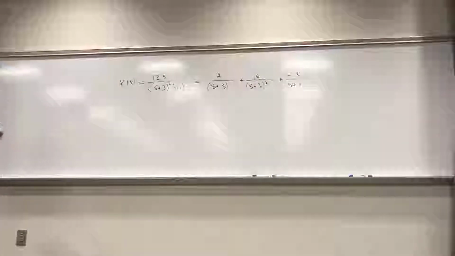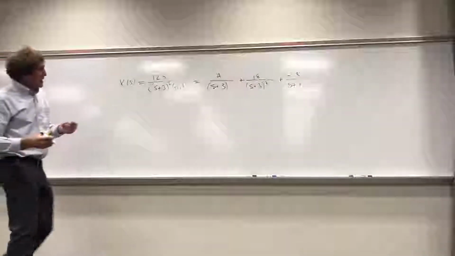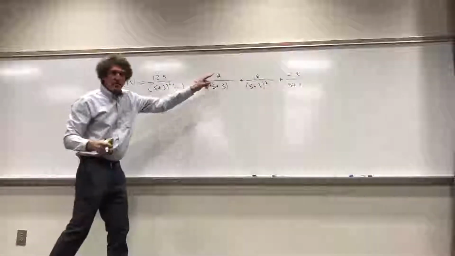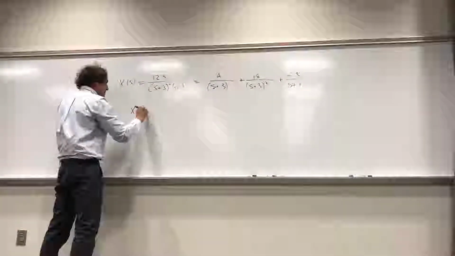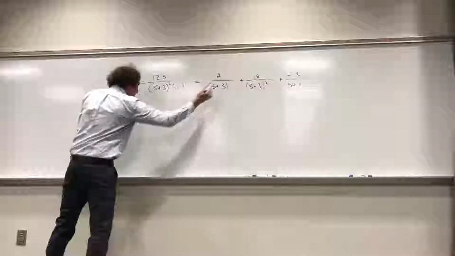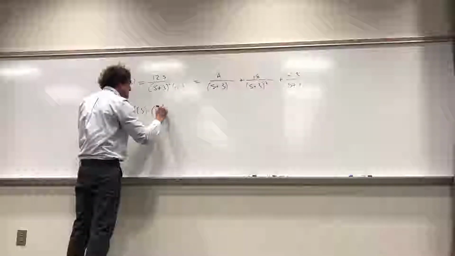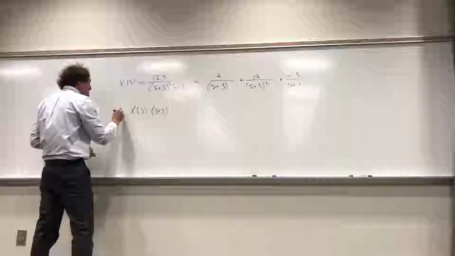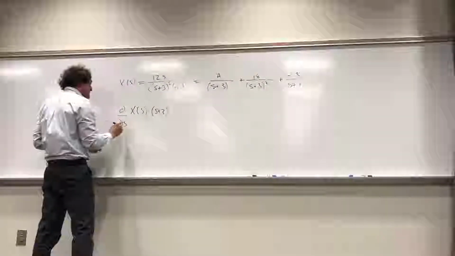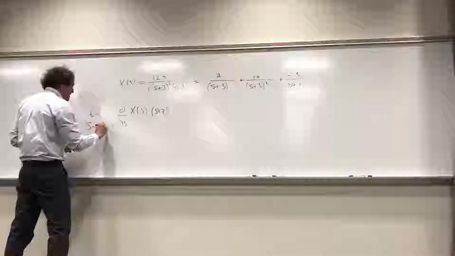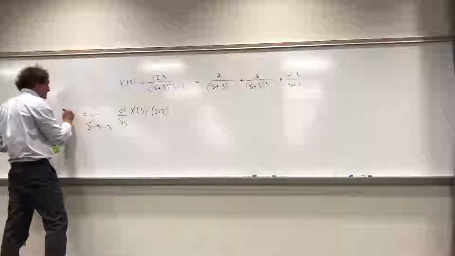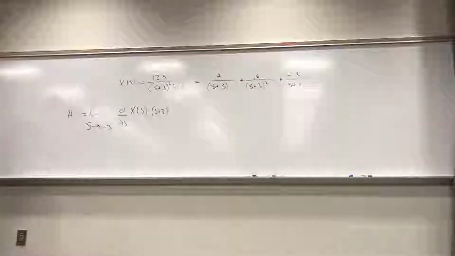That's our goal with all this. But now, to get a, the way you do it is you take x of s and you multiply by (s plus 3) squared, and then you take a derivative of this with respect to s and evaluate it as s goes to minus 3, and that will be a. And I'll show you why. Just write that down. This is in the book.